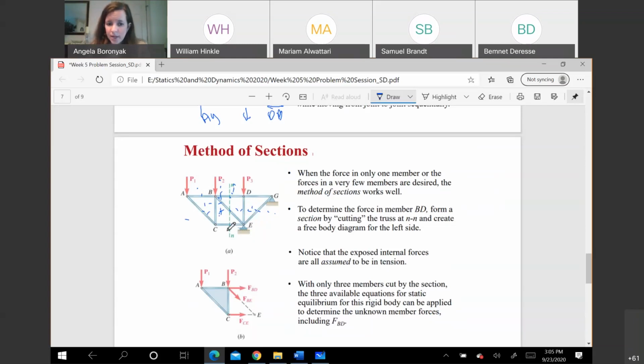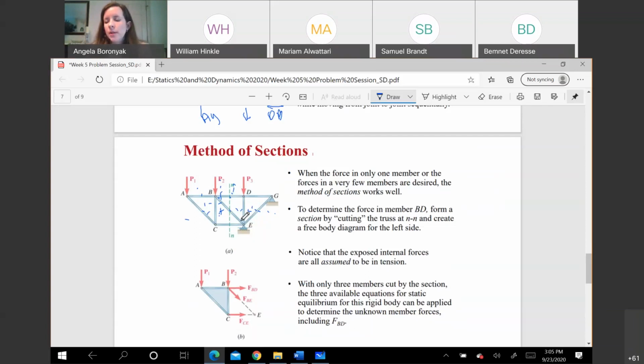At C, I also cut CE, so I have to draw it externally. Anything in here, I didn't have to draw AB or BA because now it's internal, and I'd have a force going one way here and the opposite way there. Each force will have equal and opposite reactions, we know from Newton's law.